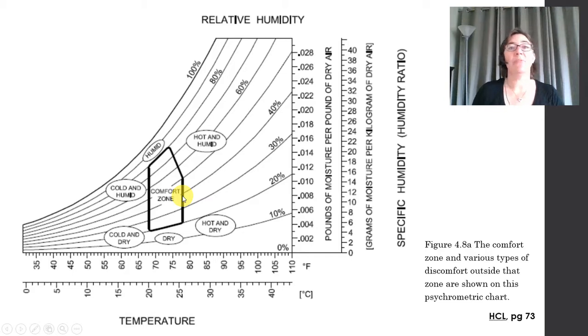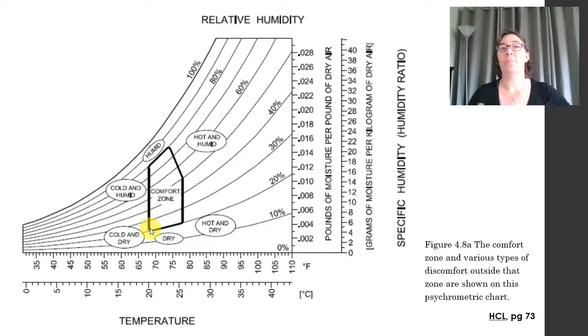Our human comfort zone for relative humidity, what was it again? It was between 20 and 80%. So let's take a look. Find the 20%, 0, 10, 20%, and you'll see that that is a boundary of our human comfort zone. And way up here at 80%, here is that other boundary. All right, so in general, those are the boundaries of our human comfort zone.